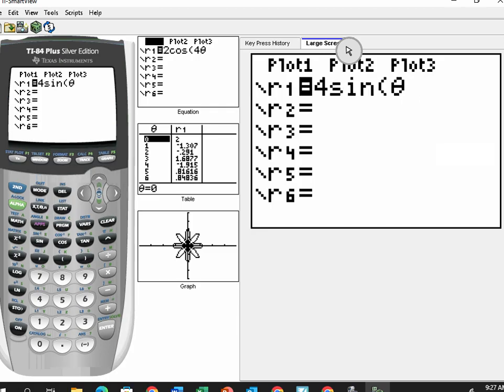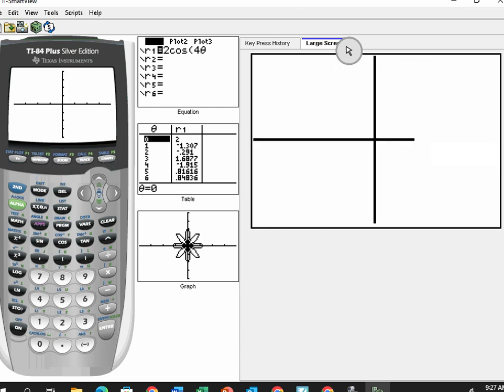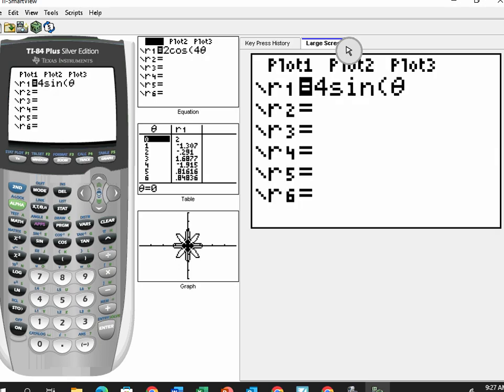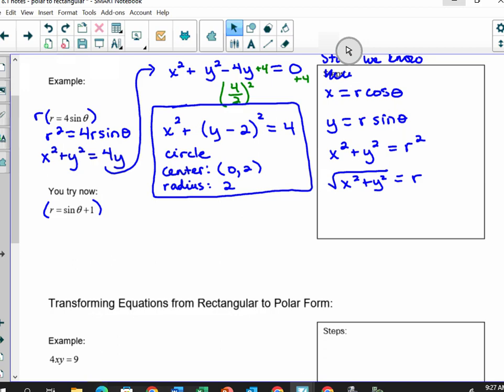So this is technically a rose with 1 petal, but we call it a circle. If it was like 3 theta, you'd have 3 petals. I see. Okay.